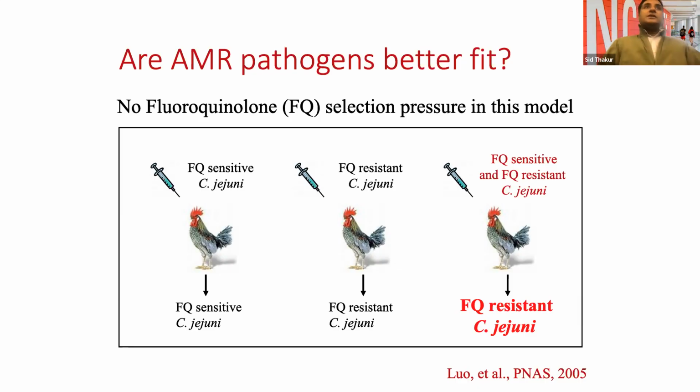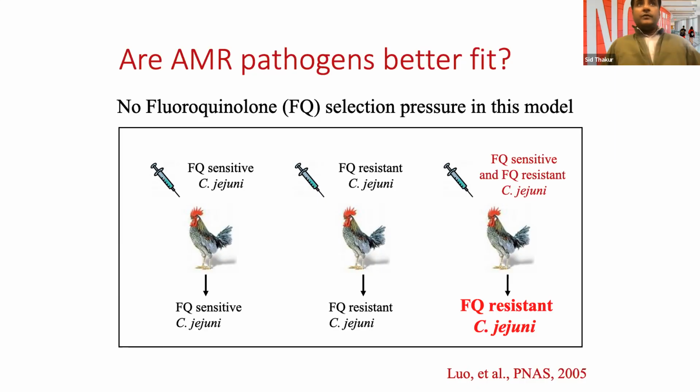When you mix both types of Campylobacter and give them to the chicken, the next day they found only the resistant pathogens were shed. The susceptible population was gone. So there's a lot of competitive exclusion and fighting between the different types of Campylobacter for the same resources. They found that the jejuni that was resistant to ciprofloxacin was much more fit to compete for these nutrients compared to its counterparts, which are not resistant.